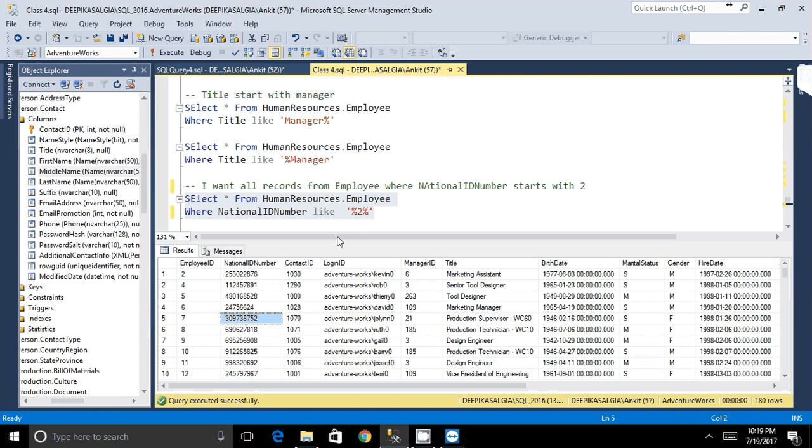You get this one because you have percent on both sides. That's why you get this one, because it doesn't start with 2, it doesn't end with 2, but it has 2 in the middle. It ends with 2, that's why you get it, because you have percent before and after. So when you have percent on both sides, it could either start with, end with, or be in between.